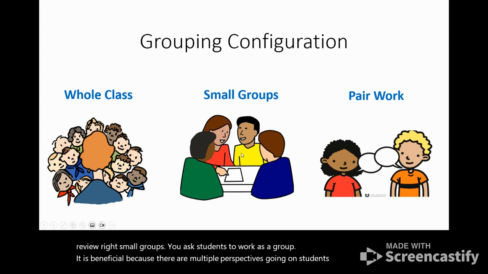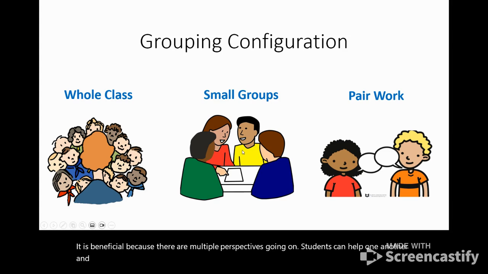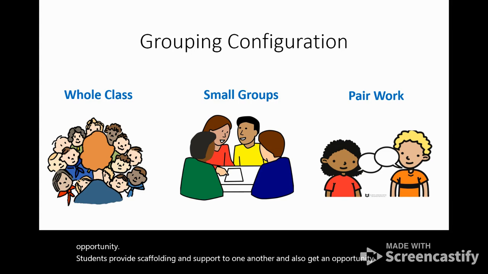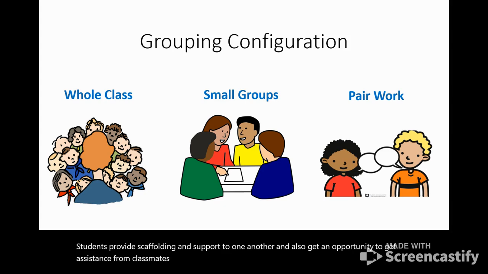Students can help one another and it enhances collaboration skills. Now, pair work is another popular method, right, in the classroom. It provides maximum practice opportunity. Students provide scaffolding and support to one another, and also get an opportunity to get assistance from classmates. So all of these three configurations are beneficial.